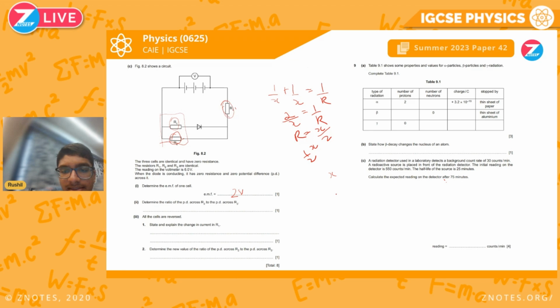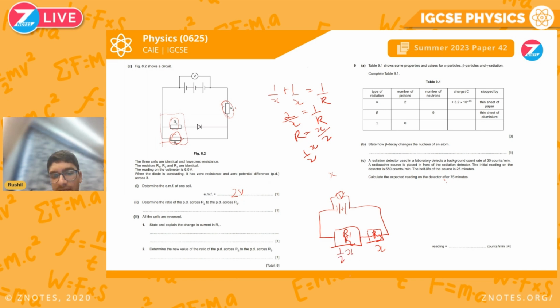So in this imaginary circuit, if we have R3 here, its resistance would be X and the combined resistance of R1 and R2 would be half X. So the potential difference of the cells would be divided based on the ratio of resistance.